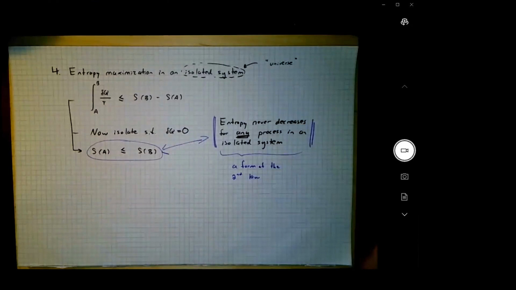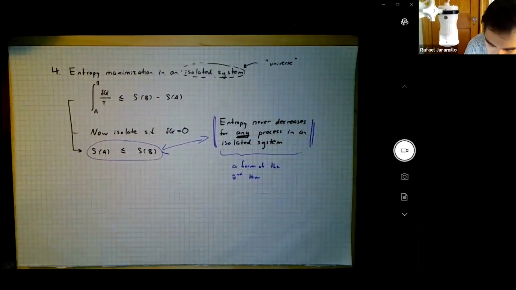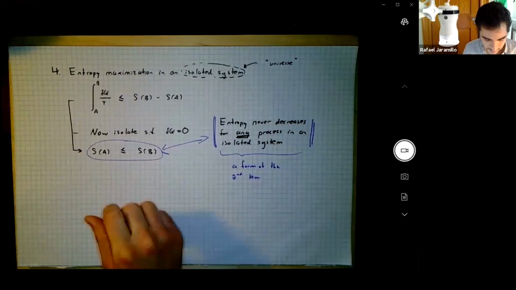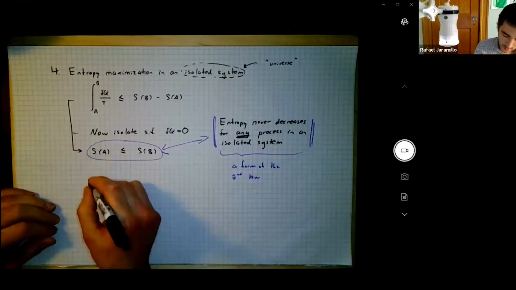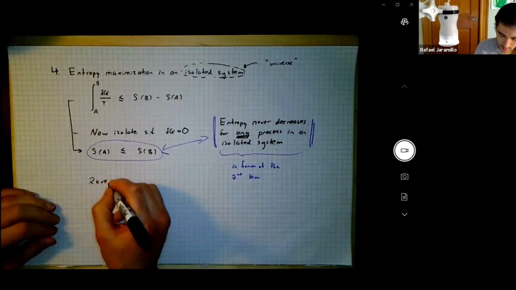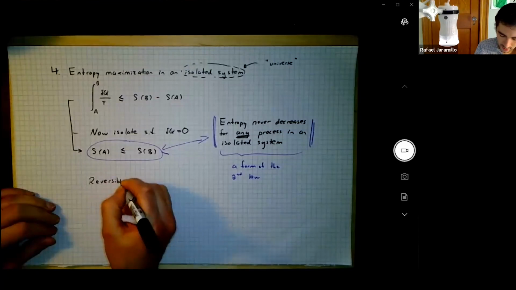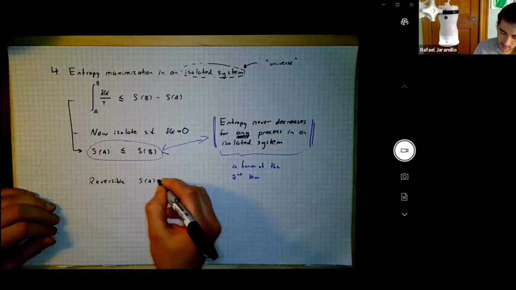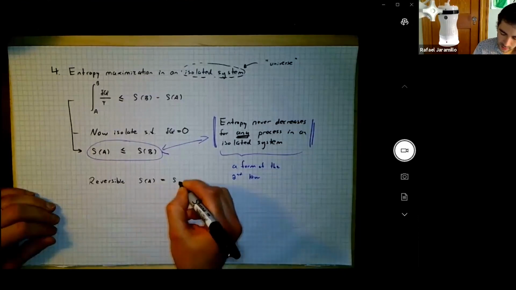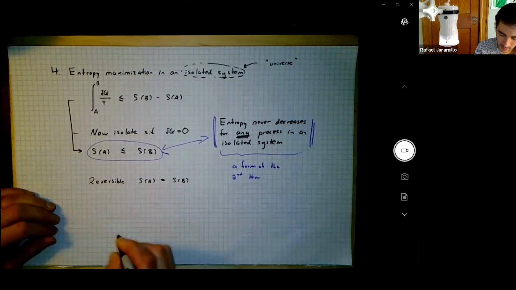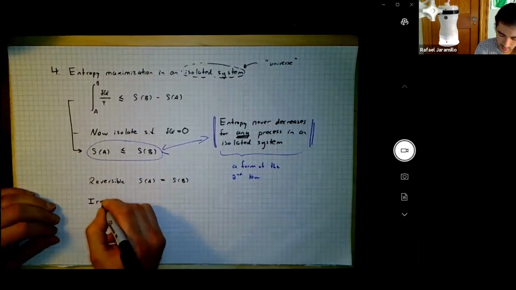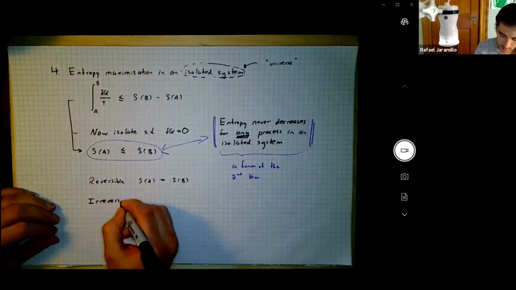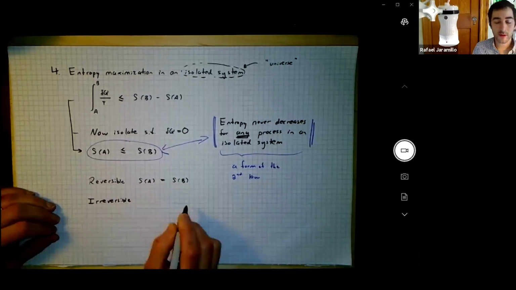Reversible, right? So for a reversible process, S of A equals S of B. Irreversible was the inequality, the less than, right?